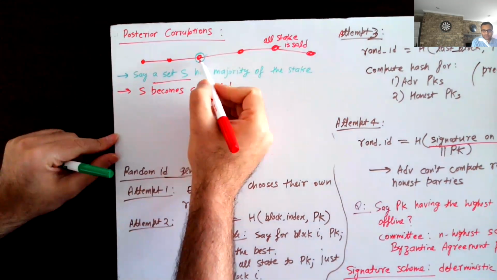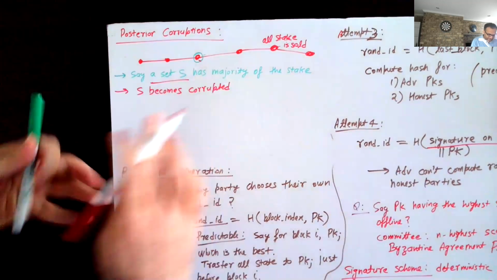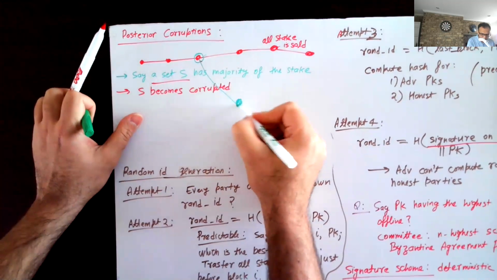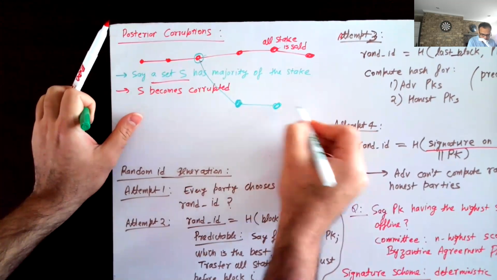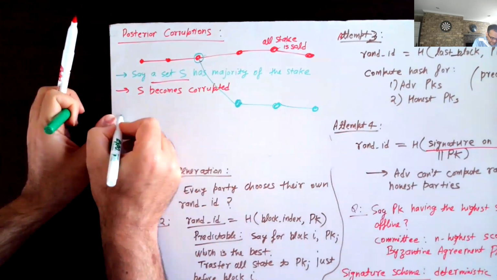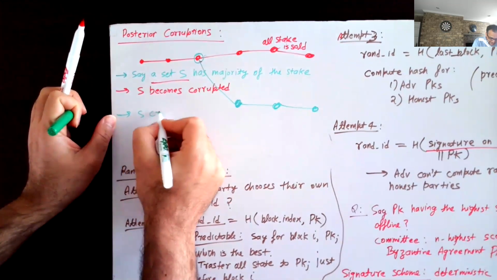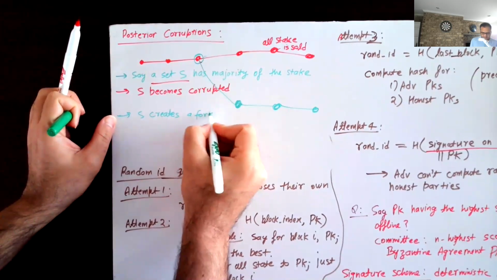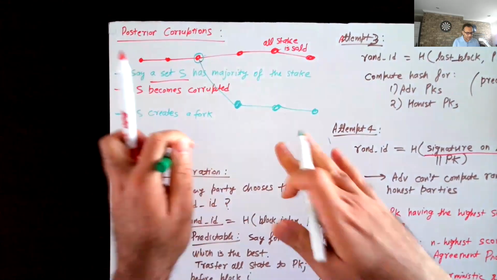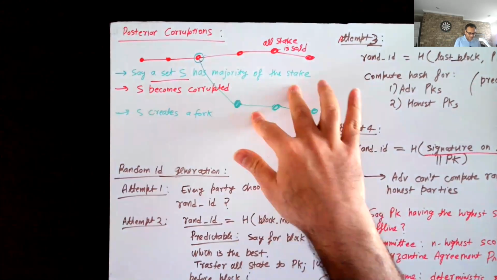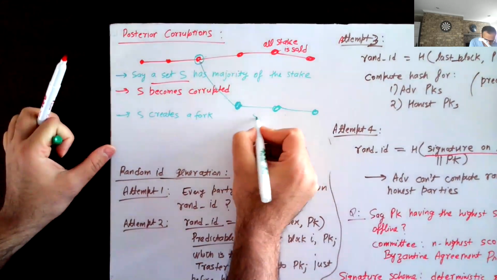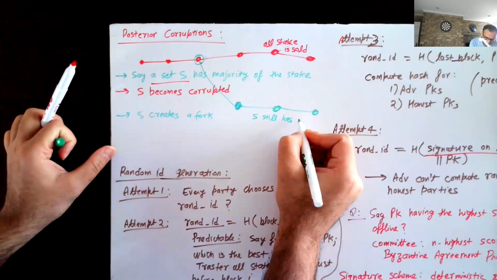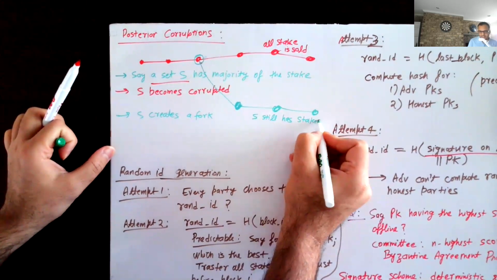we can create a fork from this point onwards. So the next step is S creates a fork. Okay, so this is like a parallel universe. And in this fork, S still has the majority stake.